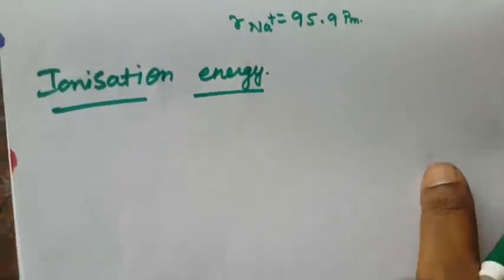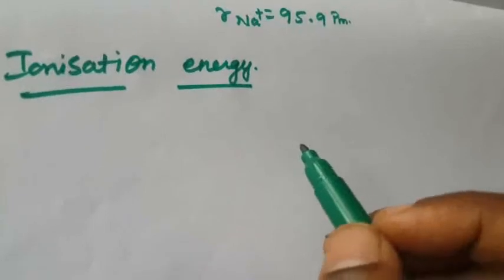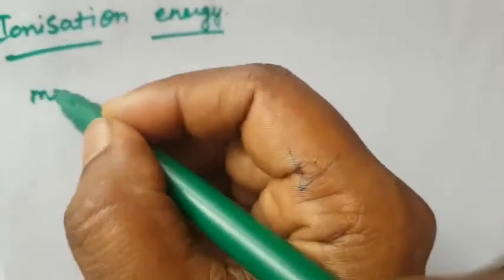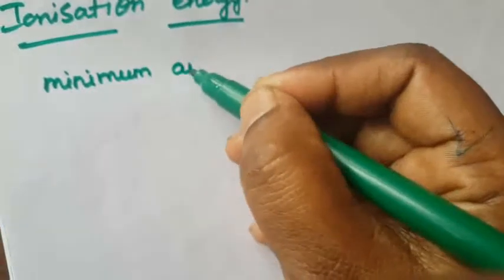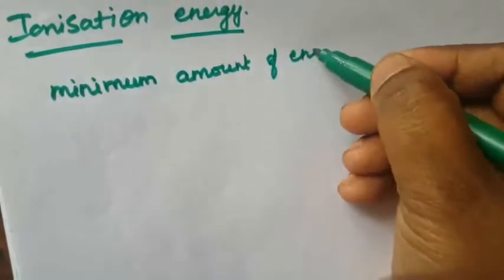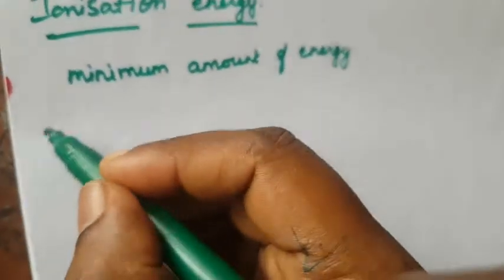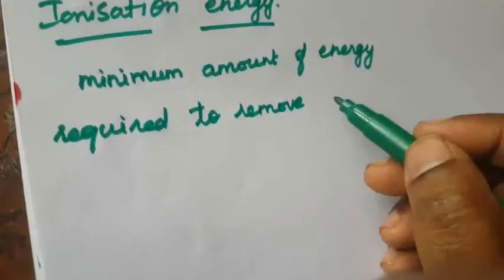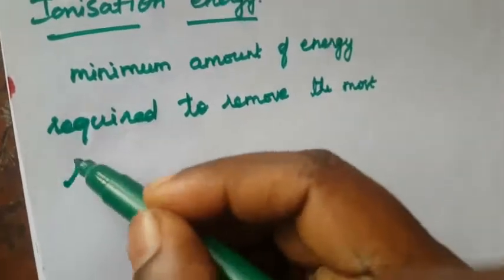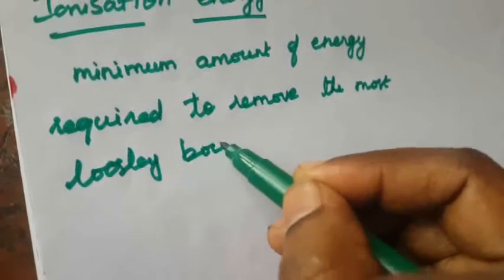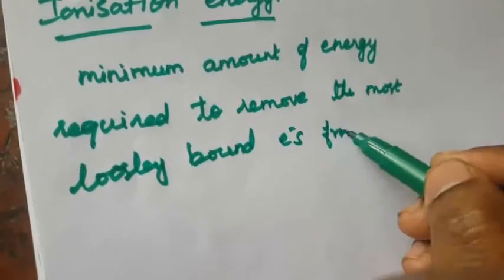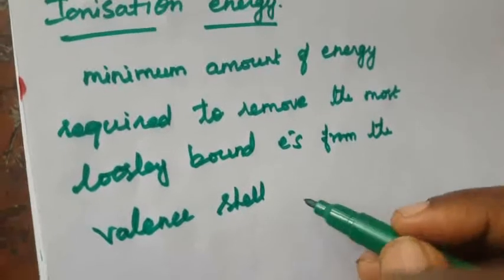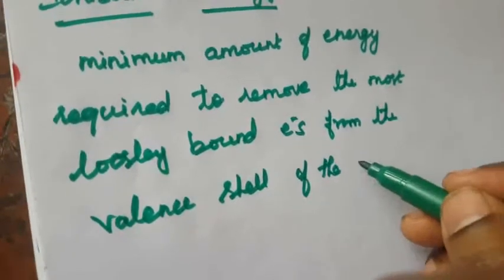Okay, these are all very basic concepts. Ionization energy is the minimum amount of energy required to remove the most loosely bound electron from the valence shell of the isolated neutral atom.